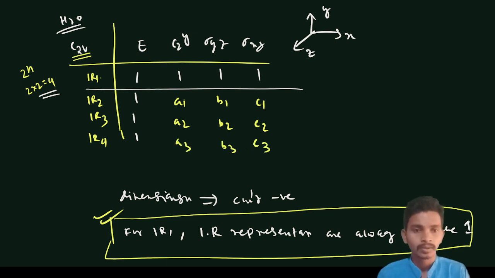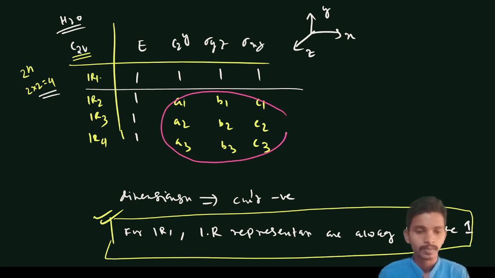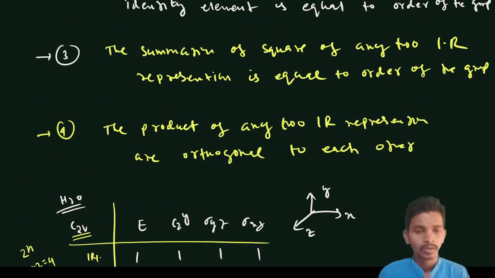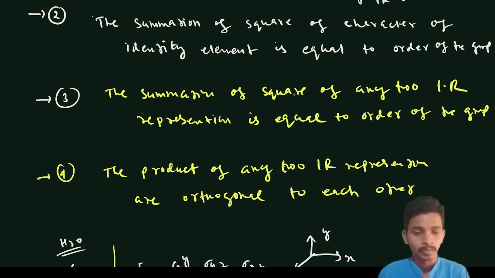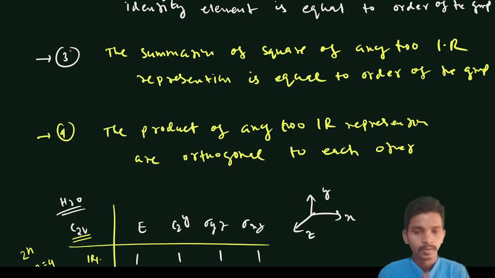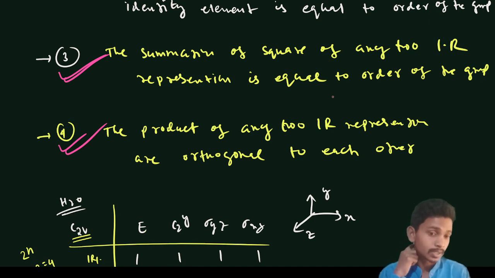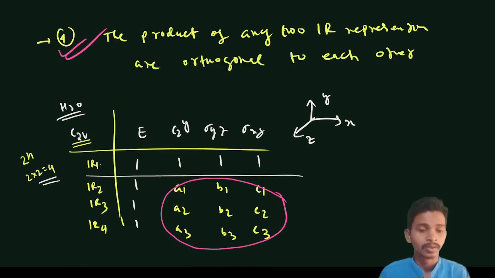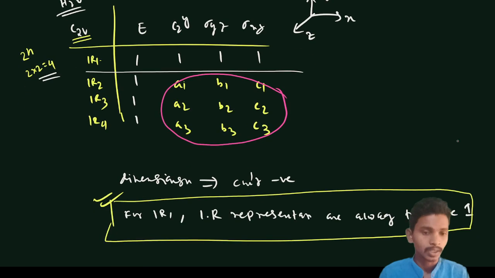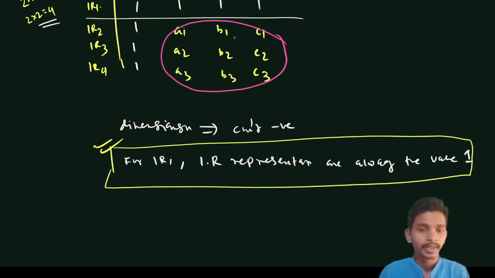To get these irreducible representations, we will follow two postulates, postulate 3 and postulate 4. Postulate 3 says the summation of squares of any irreducible representation is equal to the order of the group, and postulate 4 says the product of any two irreducible representations is orthogonal to each other. So if you follow these two rules and apply them here, then we will get these values.